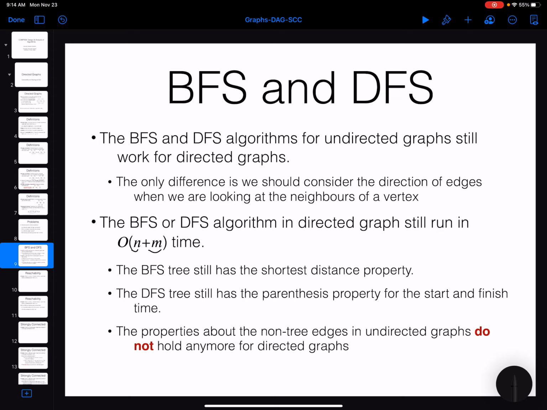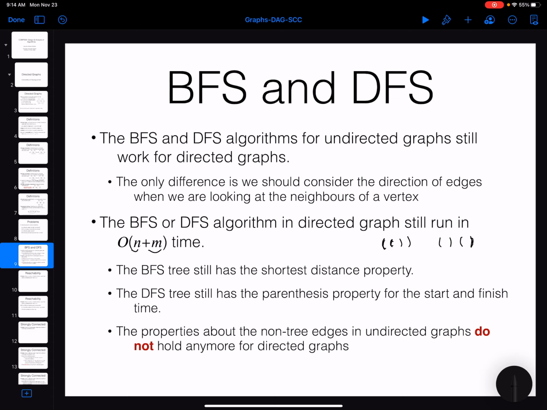Either the start and finish intervals for two nodes are going to be such that one of them is completely covered by the other one, or they're completely disjoint. That's why we call it the parenthesis property. So we also have the same property for the DFS tree over the directed graph.